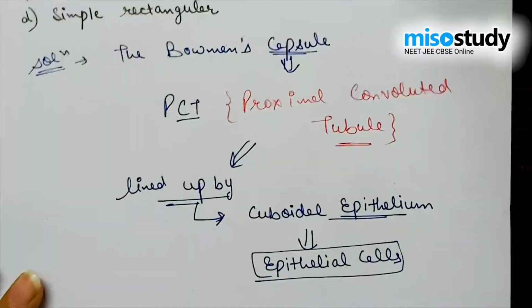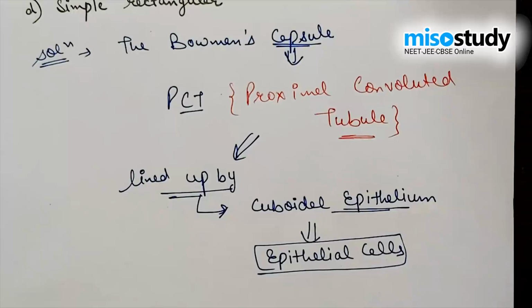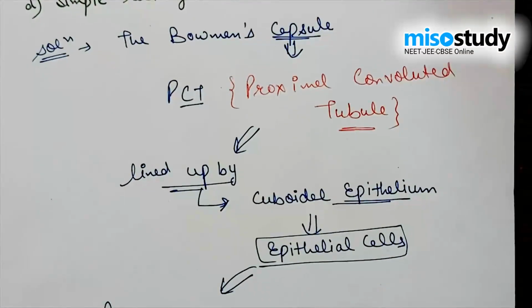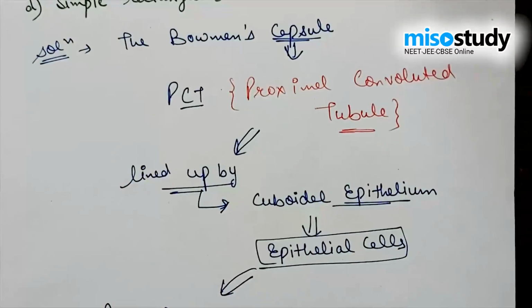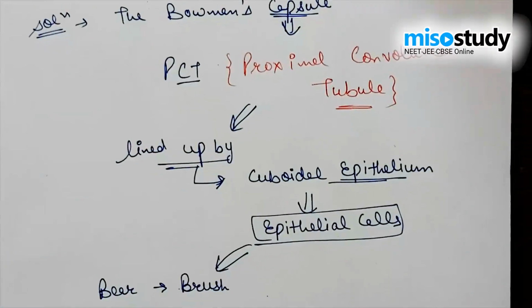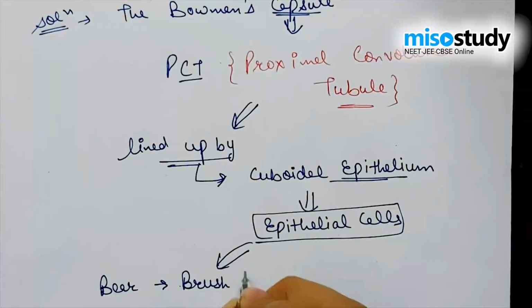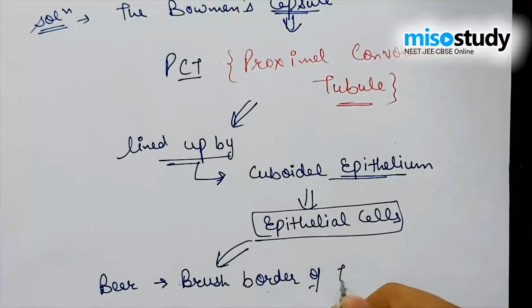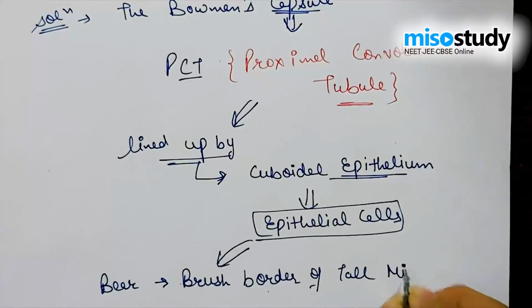More precisely, cuboidal epithelial cells that bear a brush border of tall microvilli.